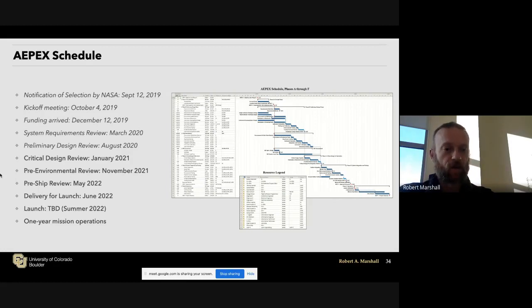And then in 2021, we'll be building and developing the spacecraft, going into environmental testing, so that in early to mid 2022, the spacecraft will be ready to ship and ultimately launch sometime in mid 2022. We're designing for a 1-year mission, but I'm kind of hoping for longer.